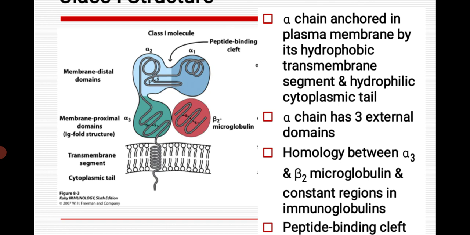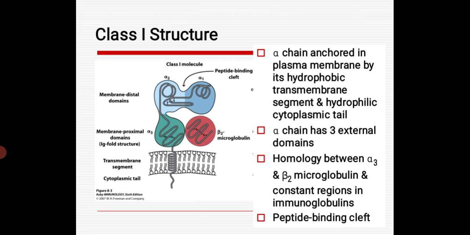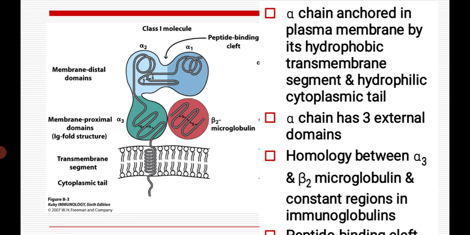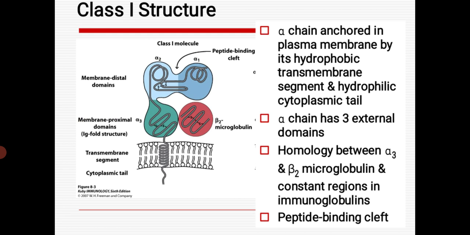The alpha 3 domain is the domain to which the T cell receptor binds. These molecules are expressed by all the nucleated cells in a eukaryotic organism, and they present antigen to the CD8 cells, or cytotoxic T cells.